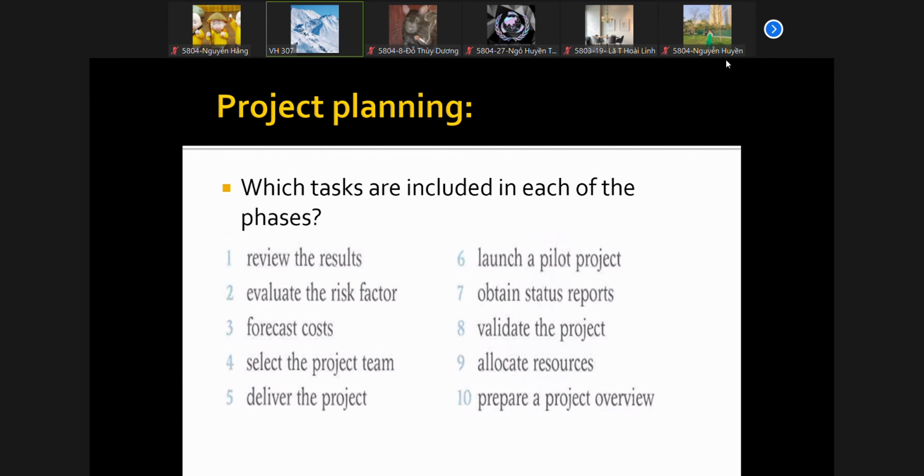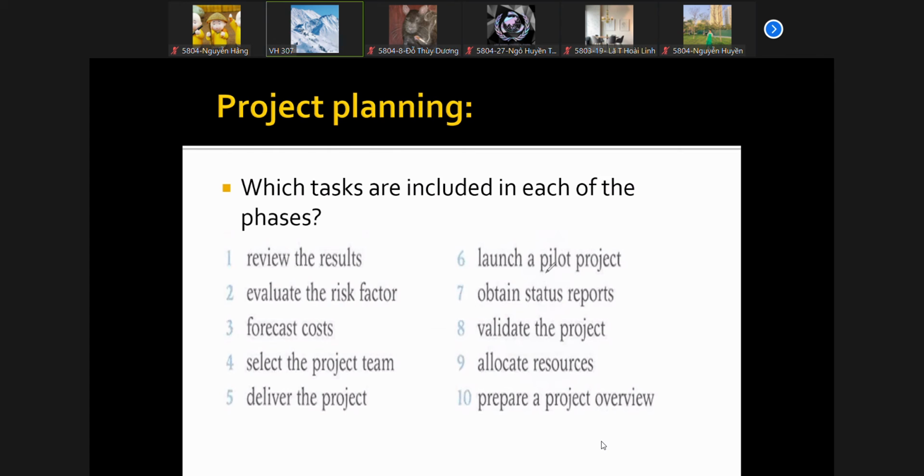Now let's see. We have the first one, that is review the result. Nghiệm thu kết quả. Number 2, evaluate the risk factor. I think that there is no new word. Forecast cost, no new word. Select the project team, no new words. Deliver the project, bàn giao dự án. Launch a pilot project, chạy thử dự án.